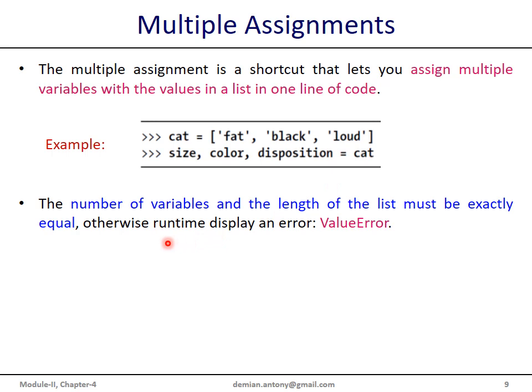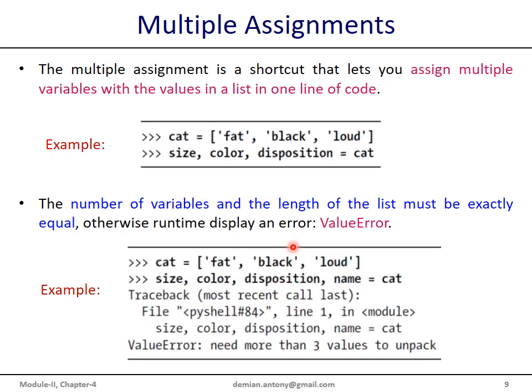Remember that the number of variables on the left hand side and the length of the list must be exactly equal, otherwise the Python runtime will display an error called value error. This is the example wherein we mention 4 variables, but we have only 3 elements in a list, and the Python runtime produces the value error for this type of assignment.